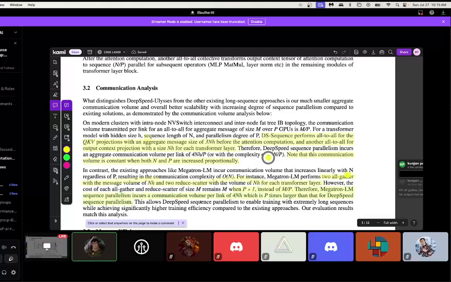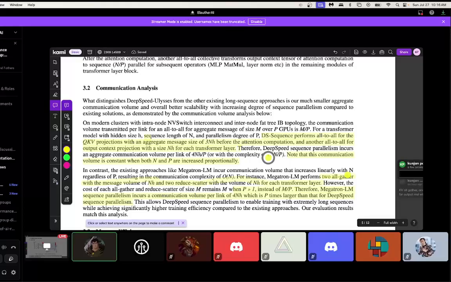Therefore the Megatron sequence parallelism incurs a communication volume per link of 4NH, which is P times larger than that of DeepSpeed. That's the point they're making. But I don't think people implement Megatron-LM like that.